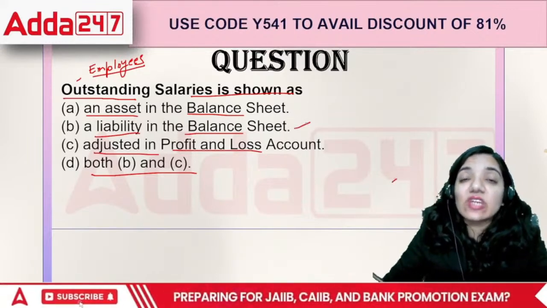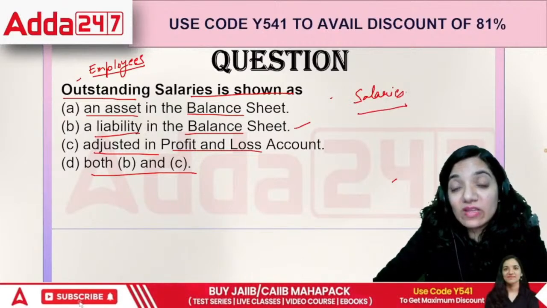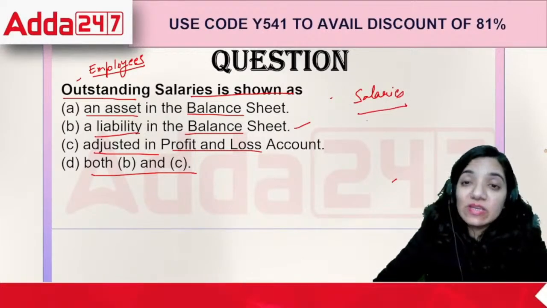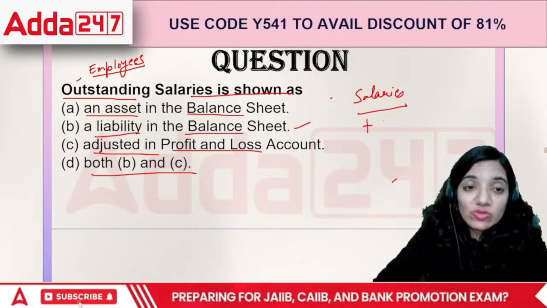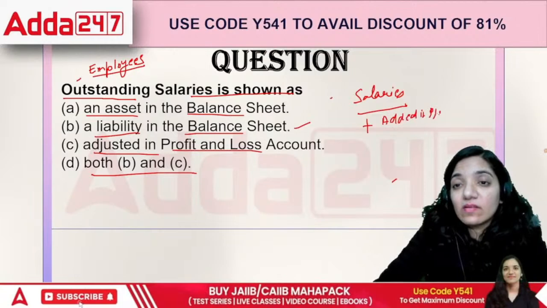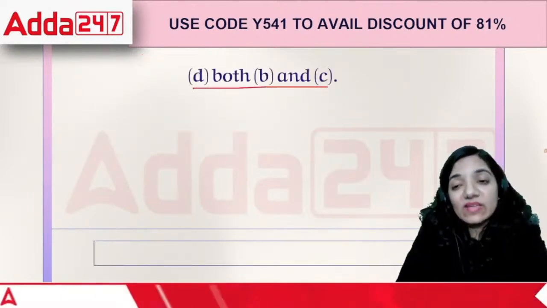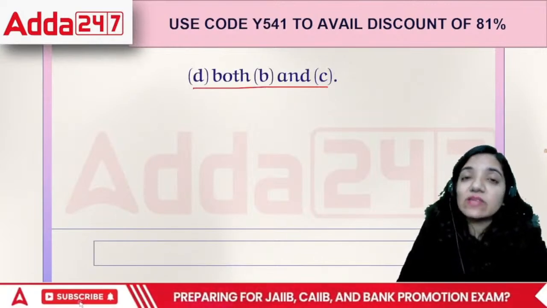At the same time, among my salaries, I need to add the amount that is due but not written in my books of accounts yet. So it would be added in the P&L, right? So we'll call it both B and C, because it's a liability, and should be recorded in the balance sheet on the liability side.